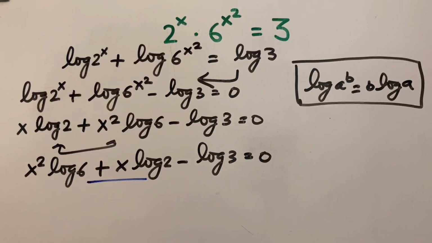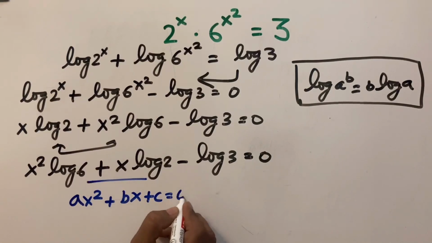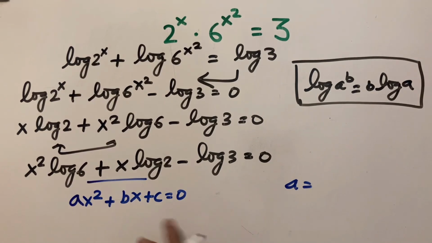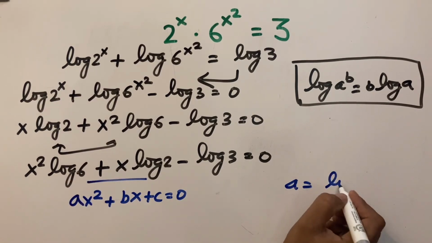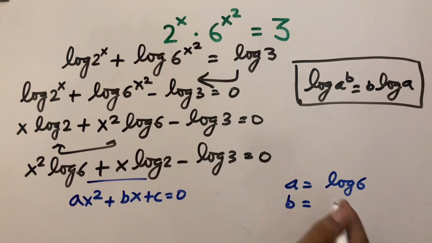Now, this equation is in the form of ax square plus bx plus c equals 0, where a equals log 6, b equals log 2, and c equals minus log 3.